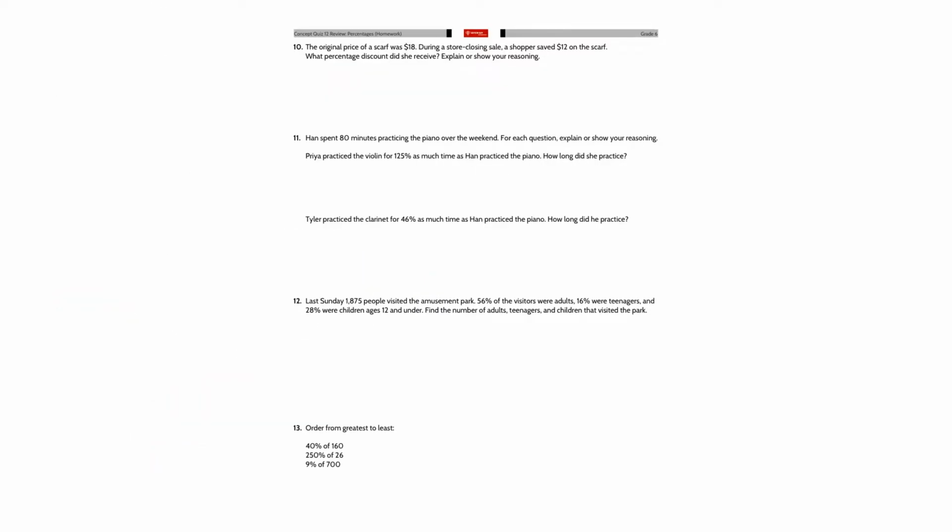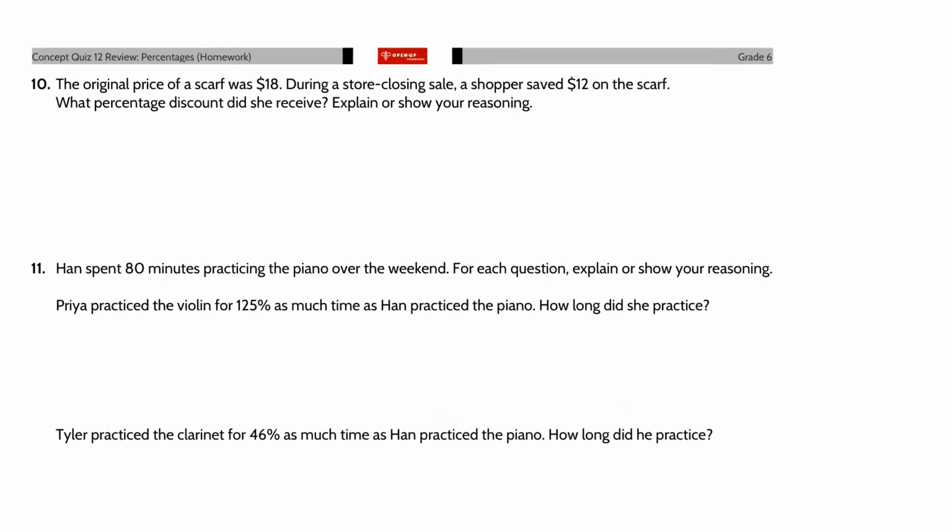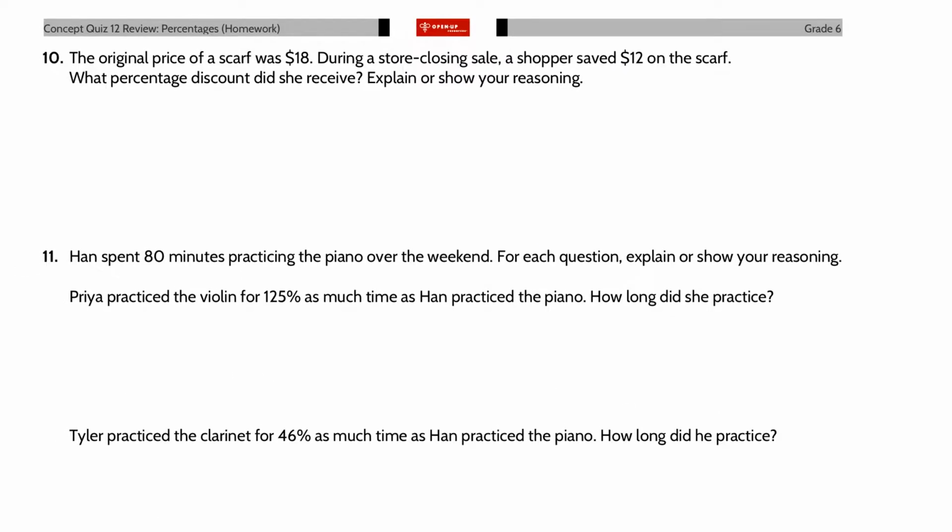On to our next page. The original price of a scarf was $18. During a store closing sale, a shopper saved $12 on the scarf. What percentage discount did she receive? Explain or show your reasoning. Well, she saved $12 out of 18.